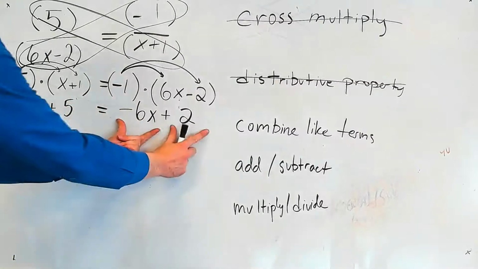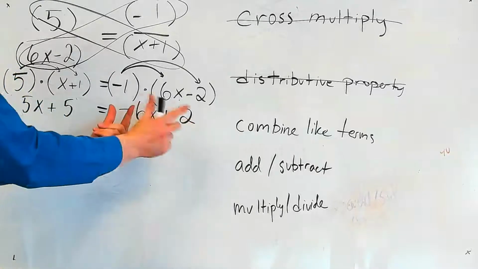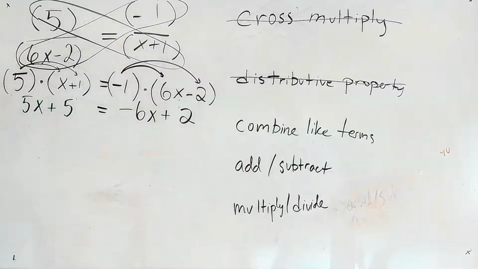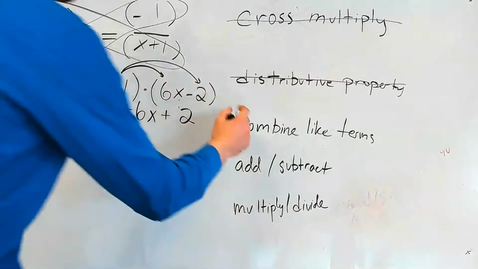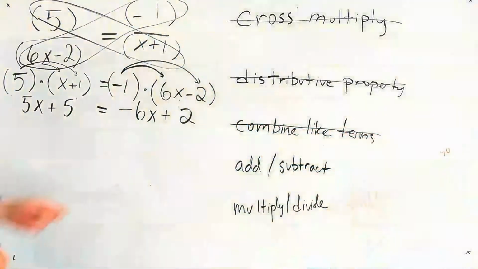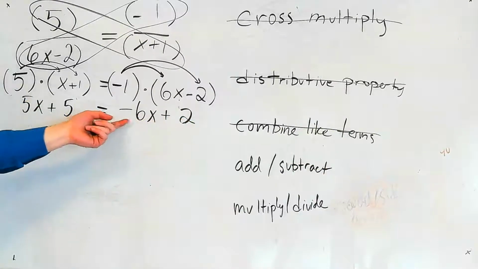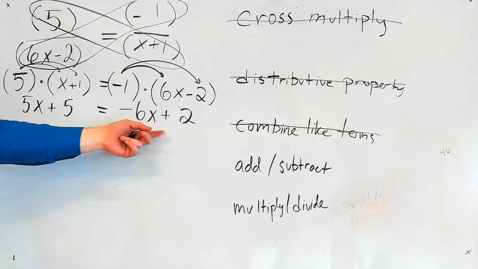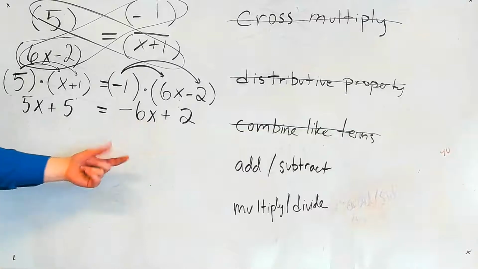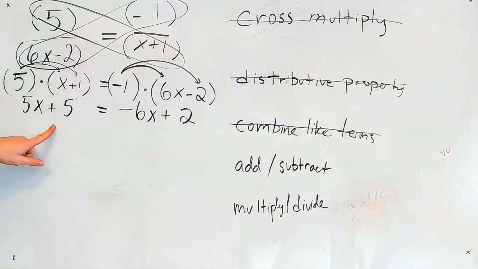We have an x and a number. Again, apples and oranges. We cannot combine them. So we're done combining like terms. If there was, say, like 2 plus 3, we could combine that. If there was -6 plus 2x as well, we could combine that. But there's nothing to be combined on this side or on this side, so we're going to continue.